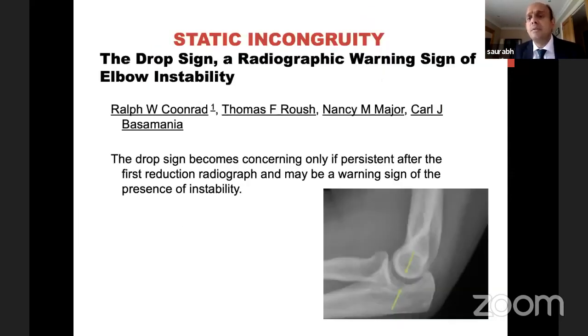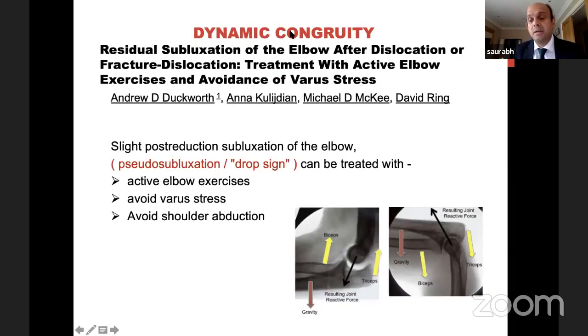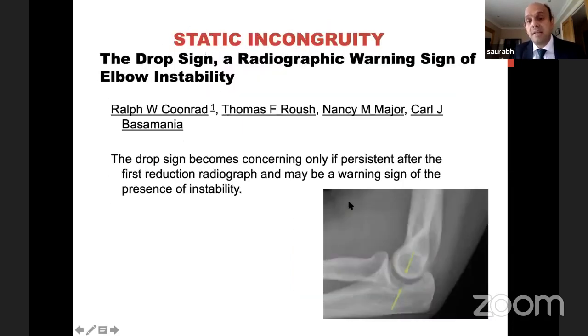So we're talking about this concept of dynamic and static. Static incongruity, dynamic congruity. What it means is static. I know there's no plaster here, but if you put an elbow in a plaster, static, your muscles are not firing, your biceps and brachialis, which are in the front, they're not contracting, they don't have tone.